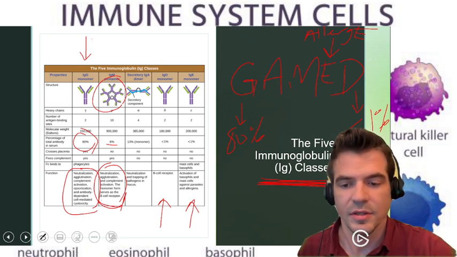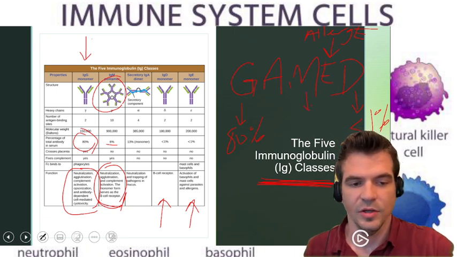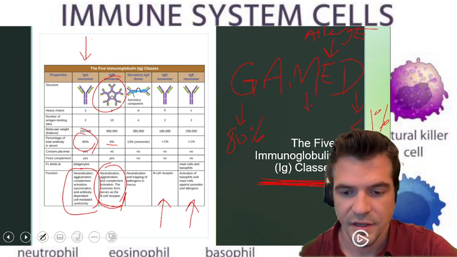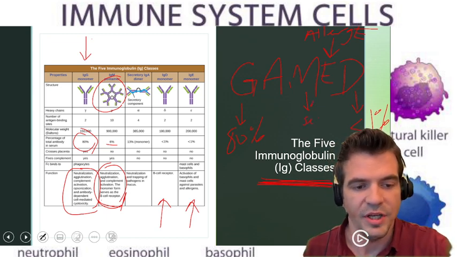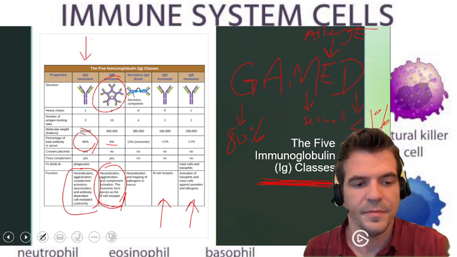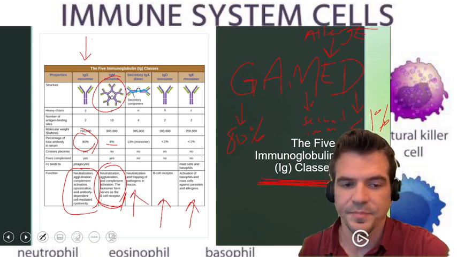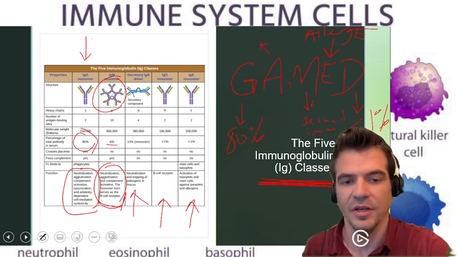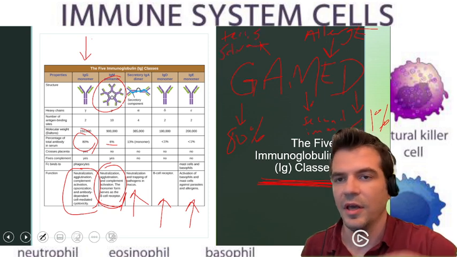They are really a good player in secondary immunity. And then IgA is notable because those are in our tears, saliva, and mucus.